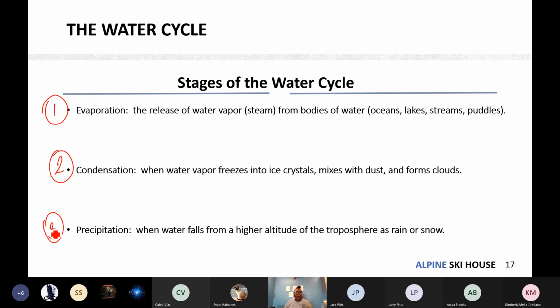So when we're talking about precipitation, that's rain or snow. Remember, precipitation is going to fall from the top parts of the troposphere, and it's going to fall down as cleaned, filtered water. Yeah, the water cycle is our Earth's natural filtration system.